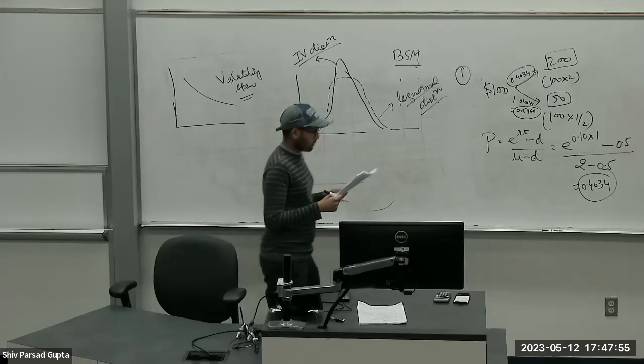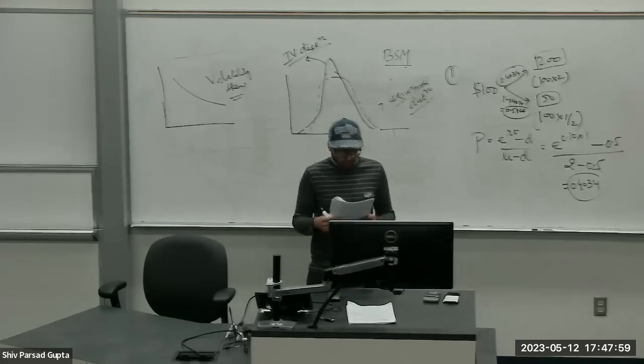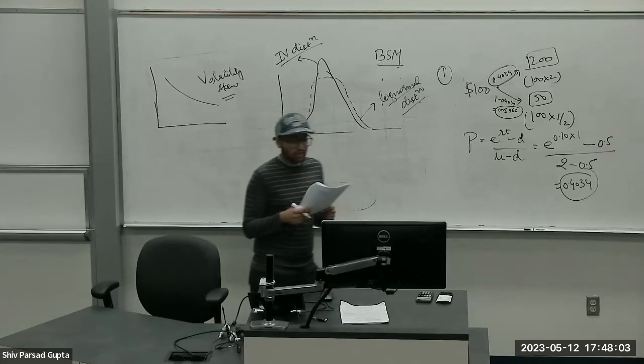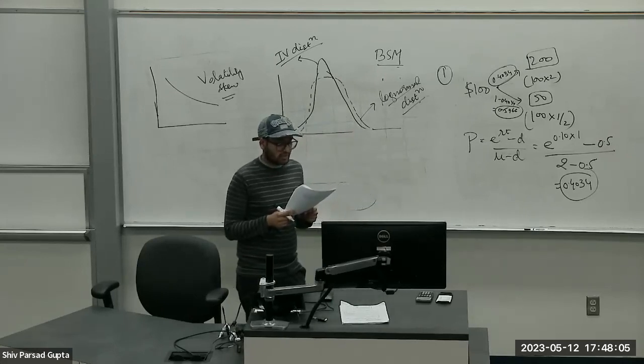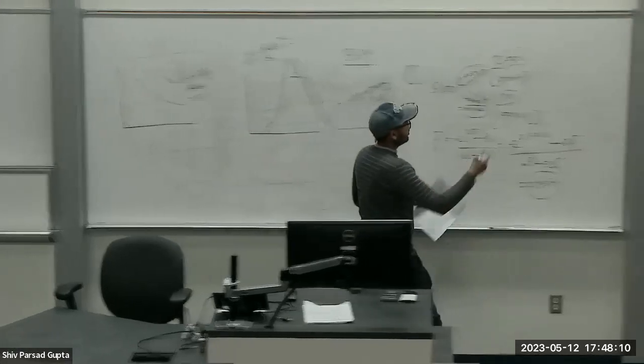Okay. Moving forward to question number 1, part B. What is the price of the digital option that pays $110 when the final stock price is greater than 120 and 0 otherwise? So what is the payoff?